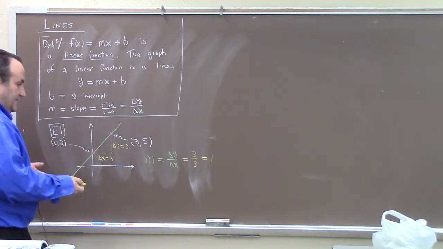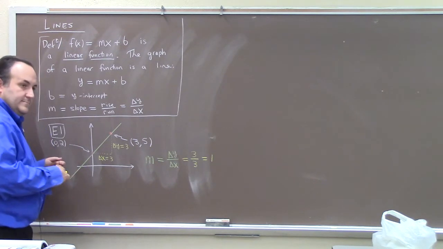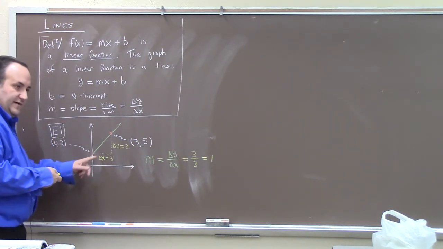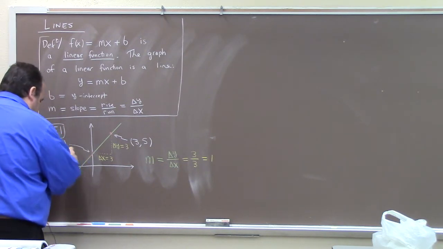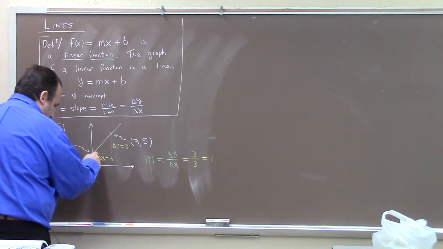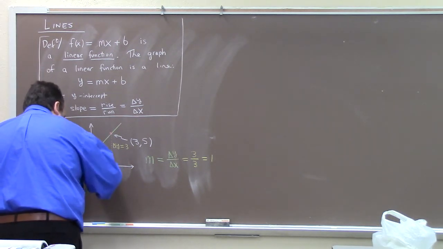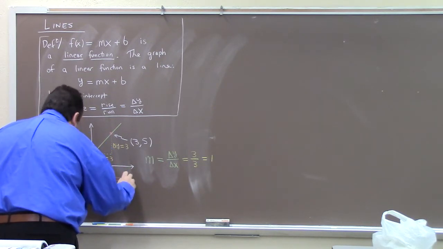What's the equation of the line? So we've got slope 1. What's the y-intercept? See, I gave it away. So the y-intercept is the place the line crosses the y-axis. So that point right there being given tells me that b is equal to 2.